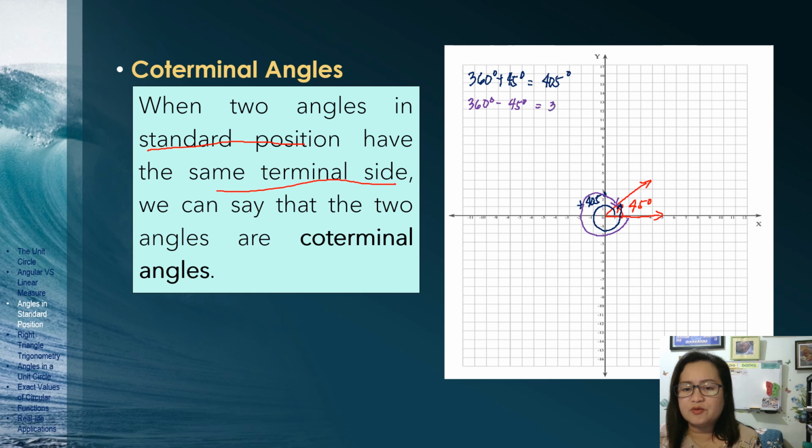That will give you 315 degrees. However, since it is in a clockwise direction, we shall affix a negative sign. So negative 315 degrees is the measure of an angle that is coterminal to 45 degrees.